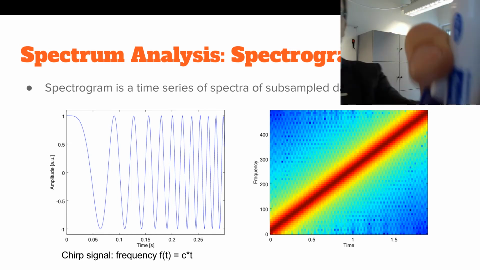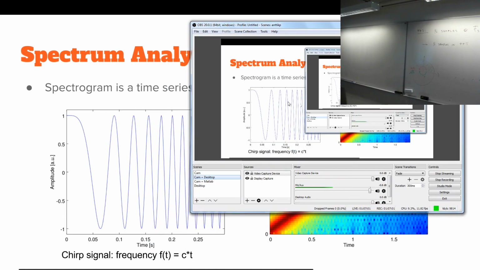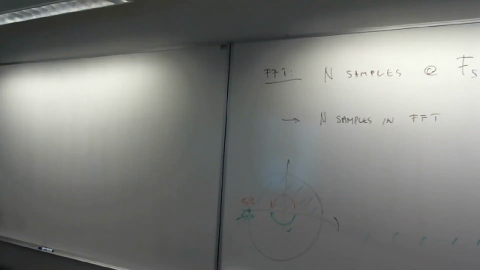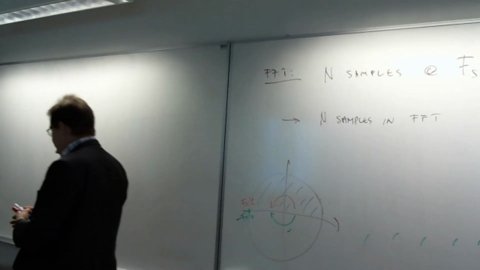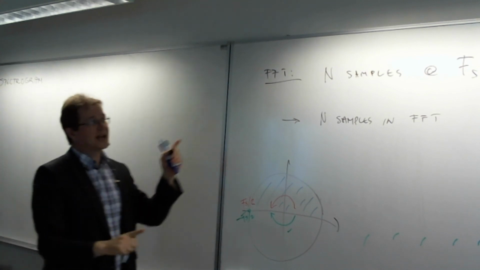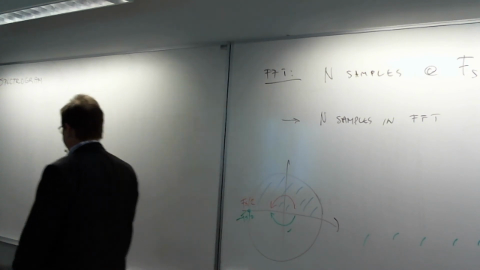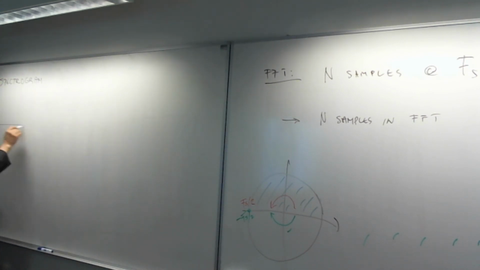All right, so basically the spectrogram requires a little bit of explanation again. A spectrum has n samples, and let me start from this one.